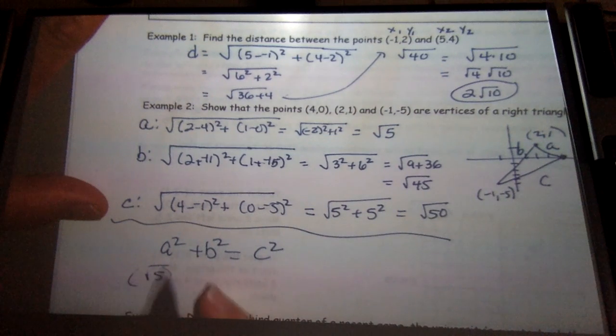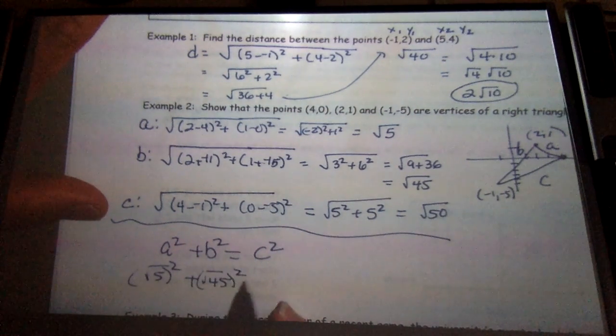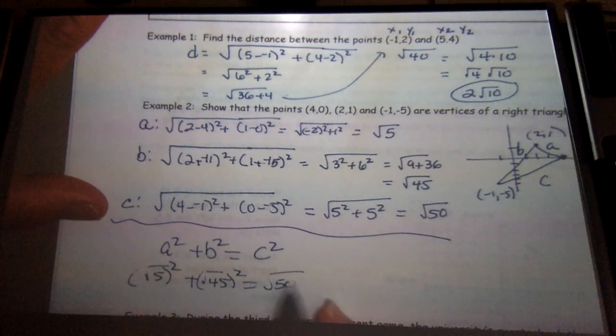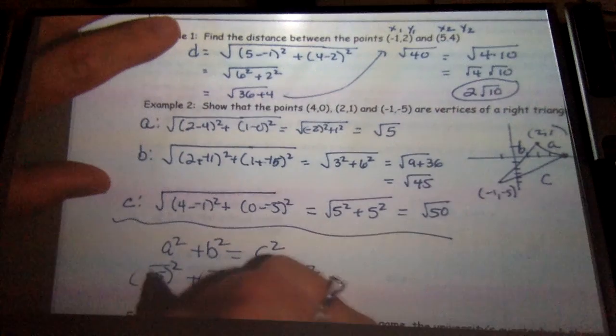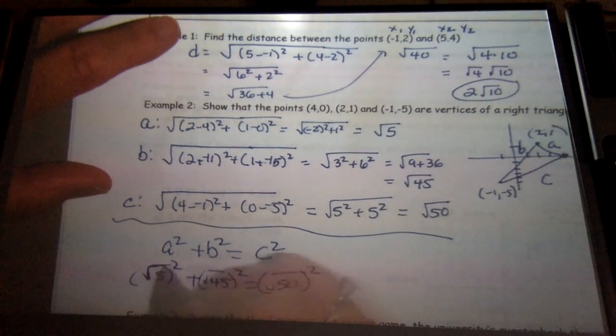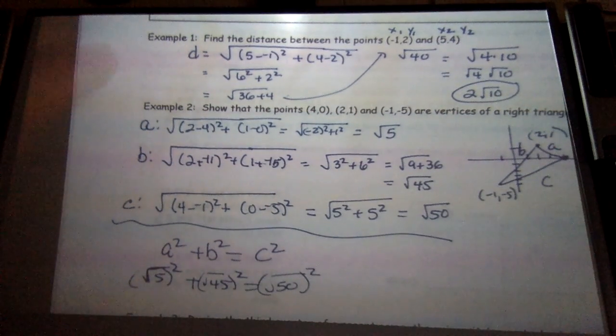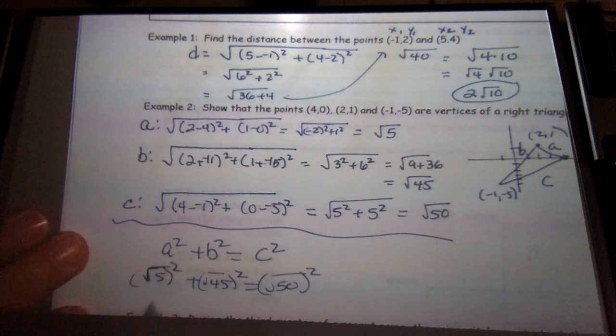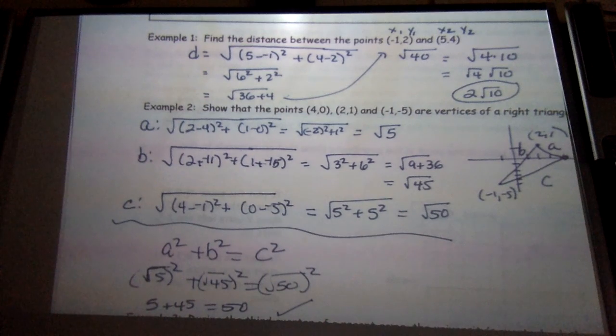So the square root of 5 squared plus the square root of 45 squared, does it equal the square root of 50 squared? When I square root, what happens? They cancel, so we get 5 plus 45, does it equal 50? Yes, it does. So there is how we prove that something is a right angle.